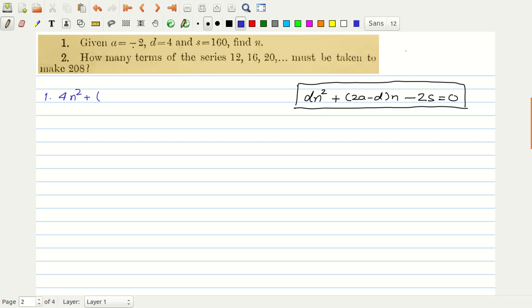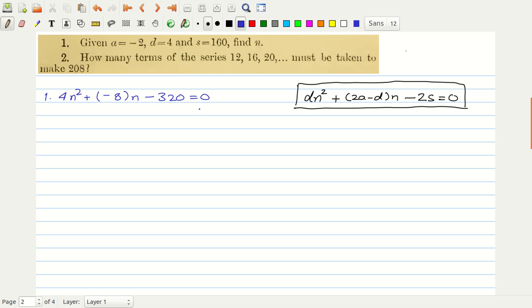So, 2 times minus 2 is minus 4 and minus d is minus 4 again. So, this becomes minus 8n, minus 2 times 160, which is 320, is equal to 0. So, we simply have to solve for the values of n from here.